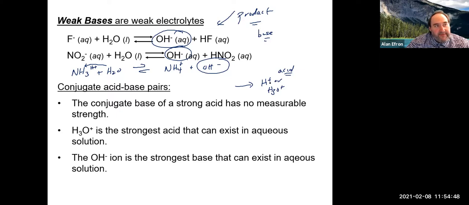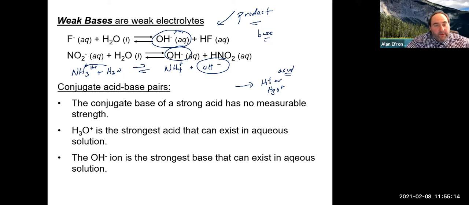Should I be using an acid number or a base number? That's a very simple way to usually be correct in those assumptions. If you look on the product side and you see OH minus, you're probably doing something that involves bases. If you see something like H plus or H3O plus, you're probably doing something that involves an acid situation.